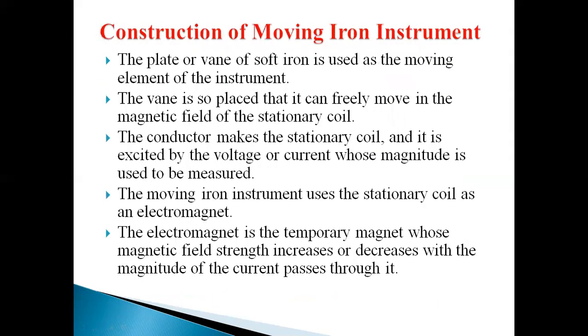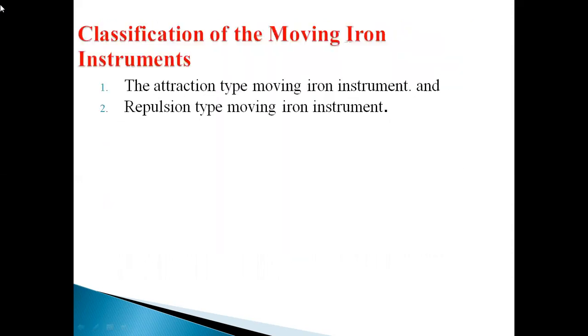It basically consists of two coils. These moving iron instruments are of two types: attraction type moving iron instrument as well as repulsion type moving iron instrument. Okay.